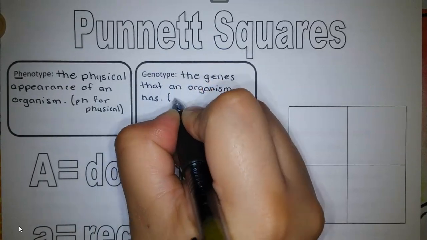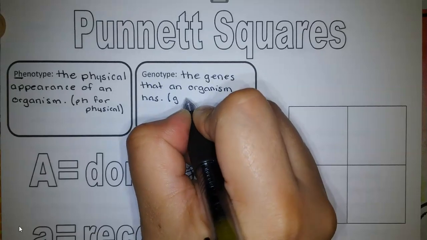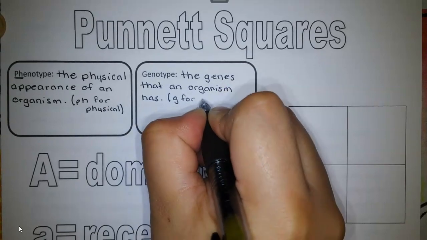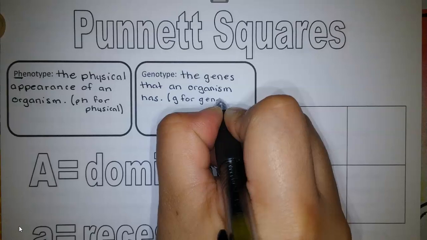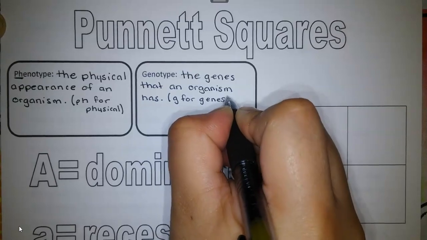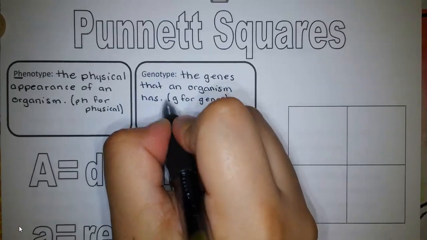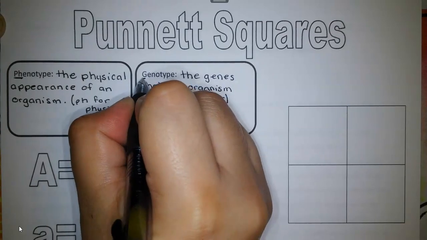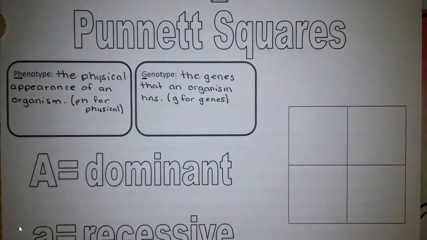Again, we're talking about G for genes. Okay, so we've got that G right here and the G at the beginning of genotype for genes.